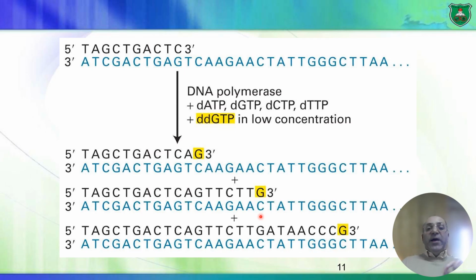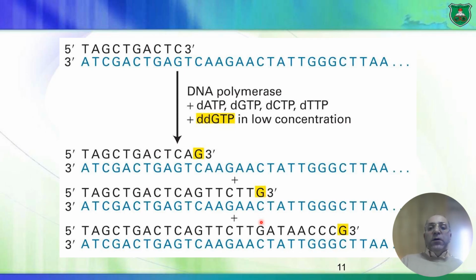Either the DNA polymerase adds a deoxy G or it adds a dideoxy G. So let's say, since deoxy G is more abundant than the dideoxy G, the dideoxy G is added to 100 of those 900 molecules. And for the other 800, a deoxy G is added. So for those 800 molecules, synthesis continues. And for the 100 where we have a dideoxy G, synthesis of the DNA stops, and so on.